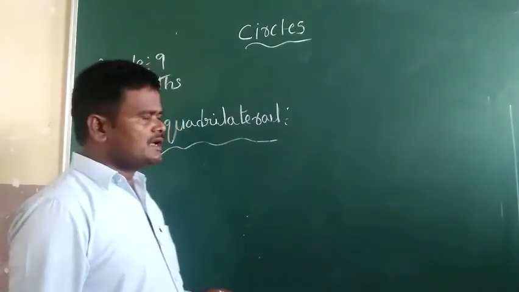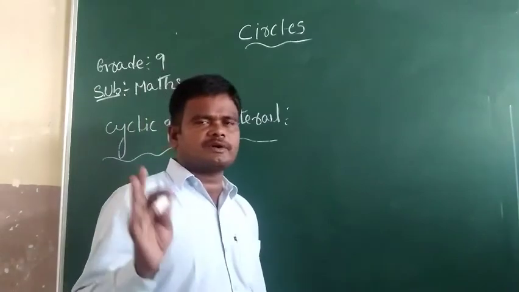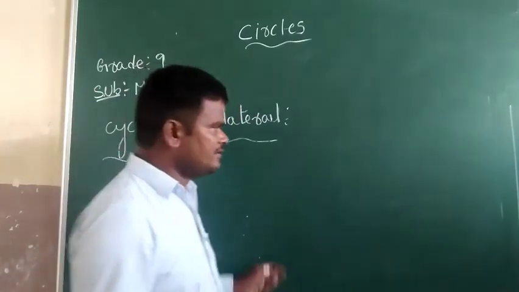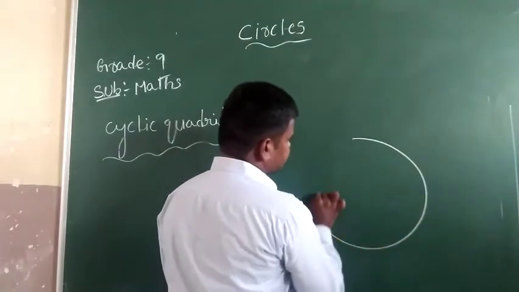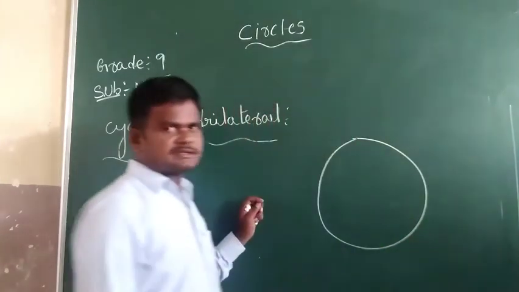Here, every quadrilateral has four vertices. So this is the circle.